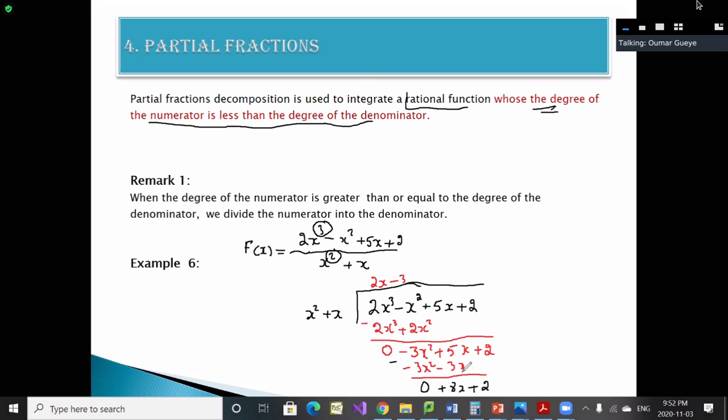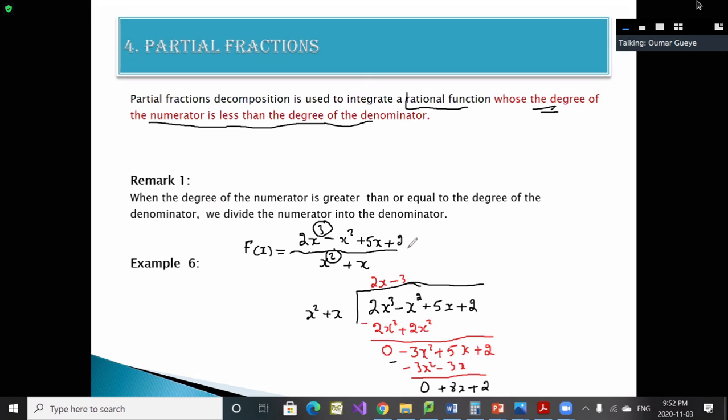And you can see here, the degree of the rest is now less than the degree of the denominator. So we stop our division. As I told you, you stop your division as soon as the degree of the rest is less than the degree of the denominator, and that's exactly what we have. The degree of this rest is equal to 1, and the degree of the denominator is equal to 2. When you divide this polynomial with this one, your quotient is going to be 2x minus 3.